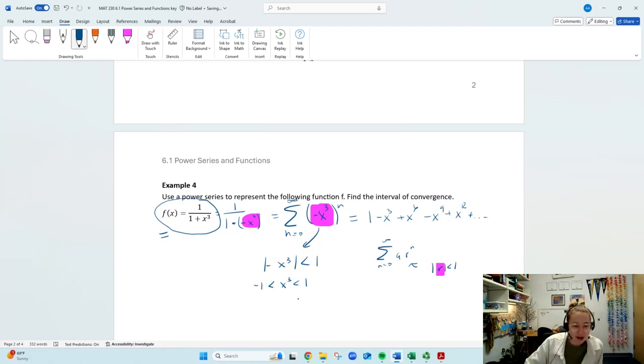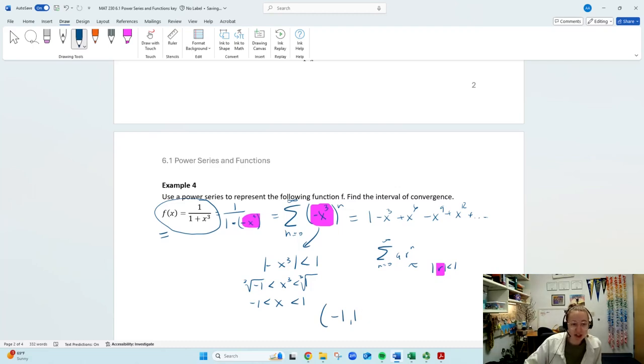If I solve this out, I take my cube root, which is still going to be 1 on this side, and the cube root of negative 1, well, negative 1 times negative 1 times negative 1 is still negative 1. So when I take my cube roots, I'll still get the same interval of convergence from negative 1 to 1.